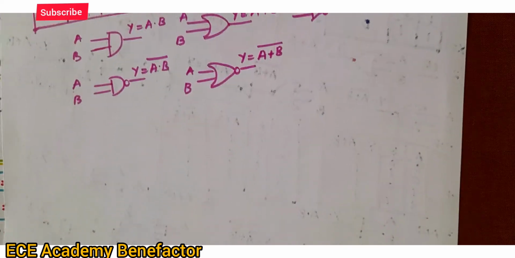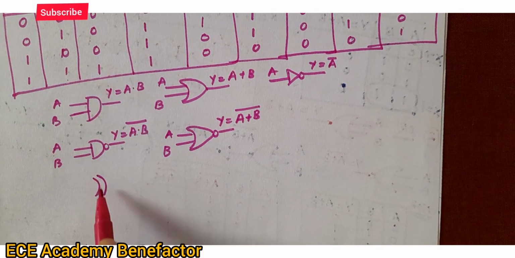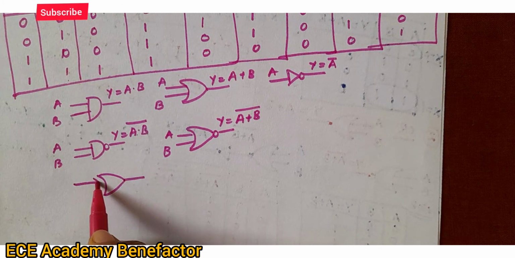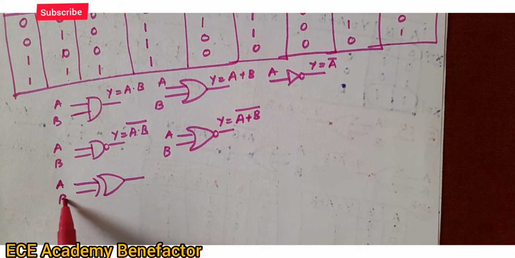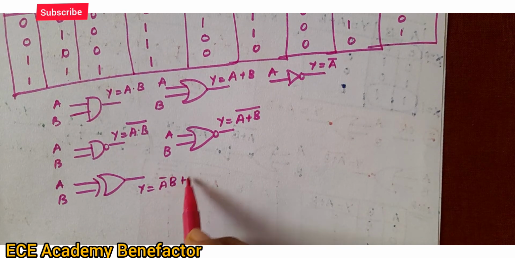XOR gate is this one, inputs A B, y is equal to A bar B plus A B bar.